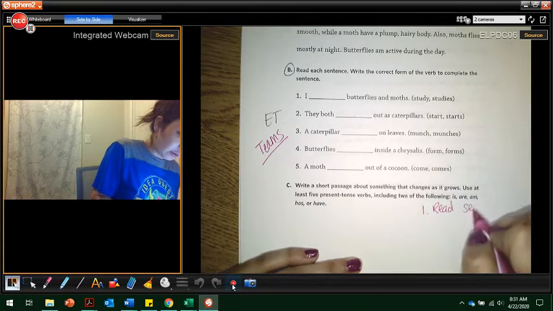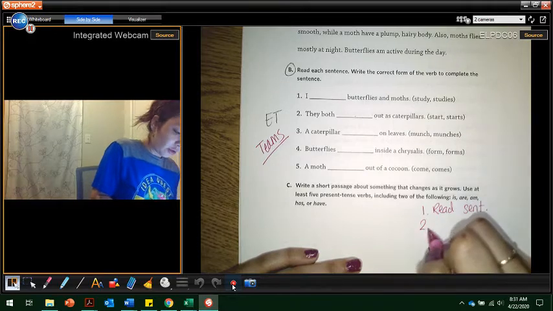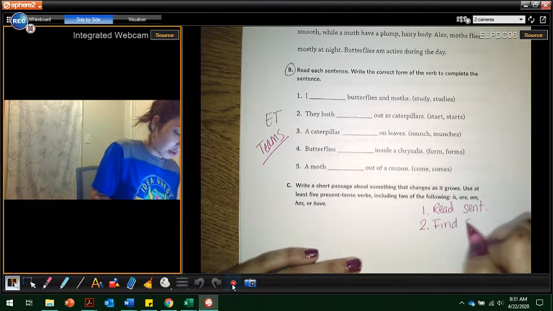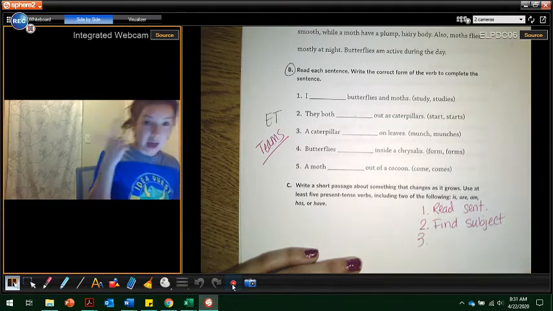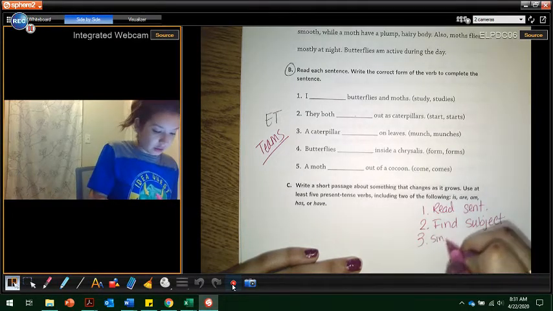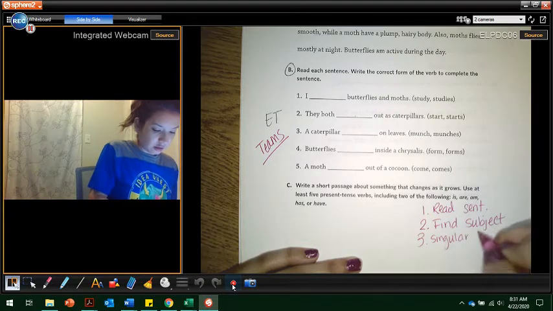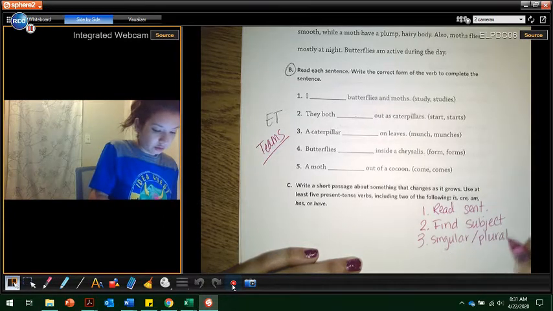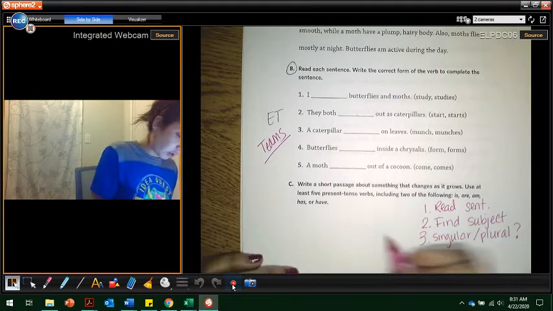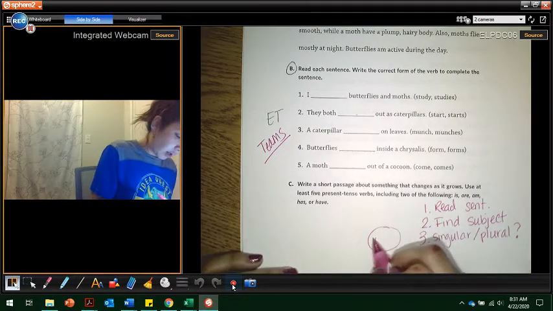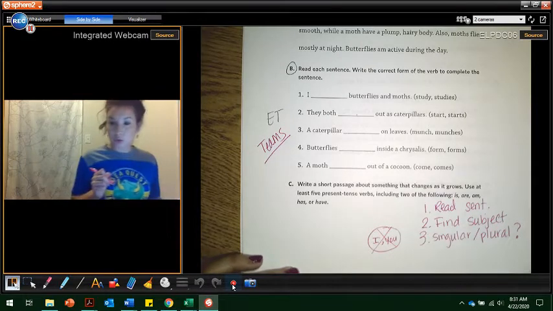You always read. 2, find the subject. 3, ask yourself, singular or plural. Remember the ones that don't follow the rules. So, I and you do not follow the rules, right?